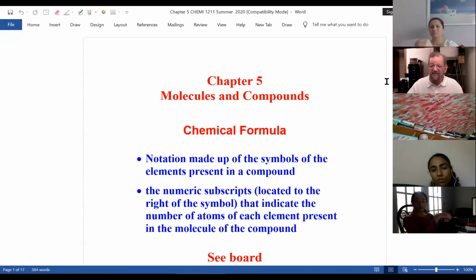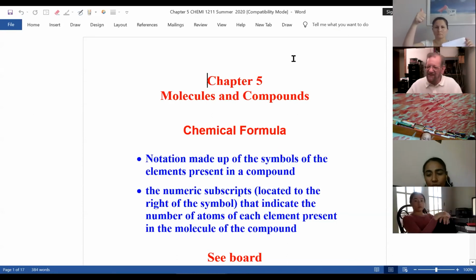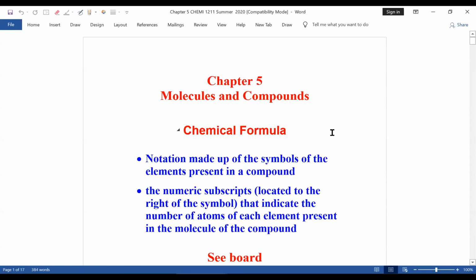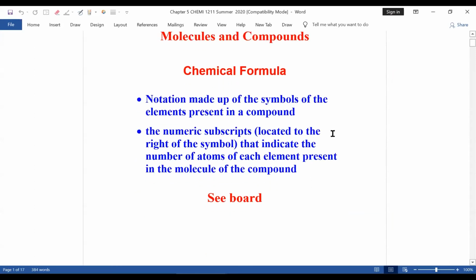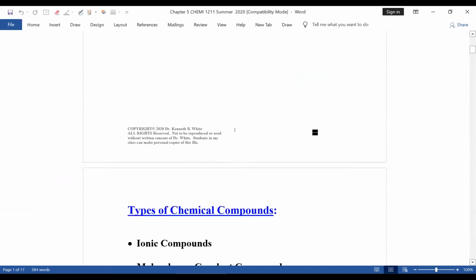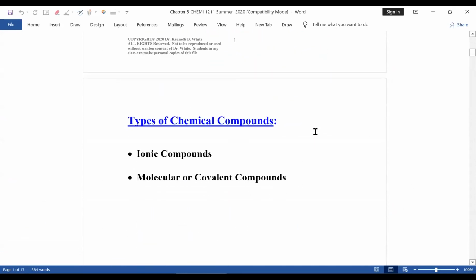Everybody see chapter 5? Thank you. I've already done the chemical formula. It's shown here, but the chemical formula that I went through earlier today will be on test 1. And I already did this. All right, switches on for test 2.